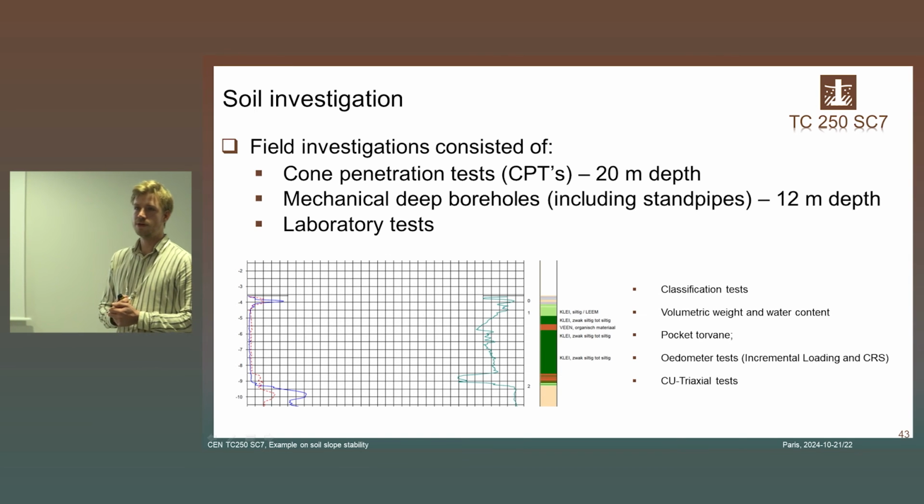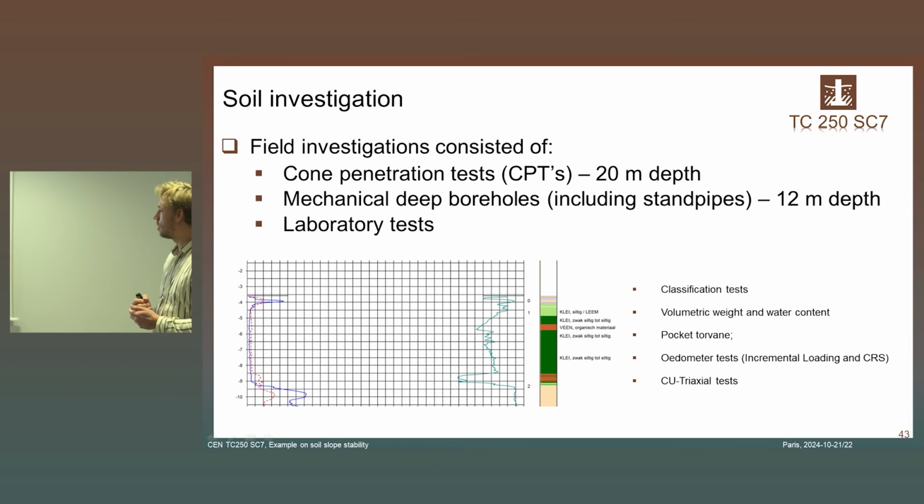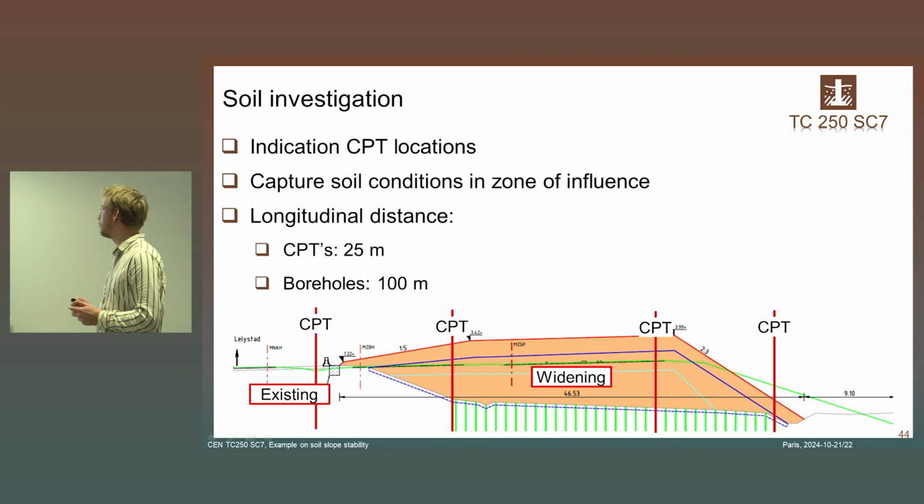Mechanical boreholes were also made to collect soil samples for laboratory testing, which consists of classification tests, volumetric weight, water content, pocket torvane for undrained shear strength, oedometer test for the settlement parameters, and of course triaxial test for the strength.